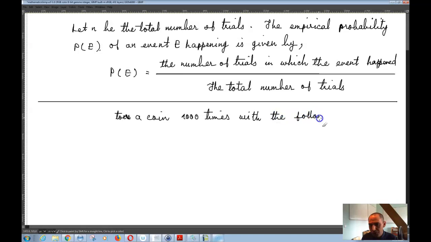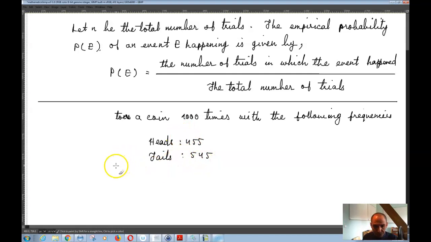We have heads 455, and tails 545, which is 1,000 put together.